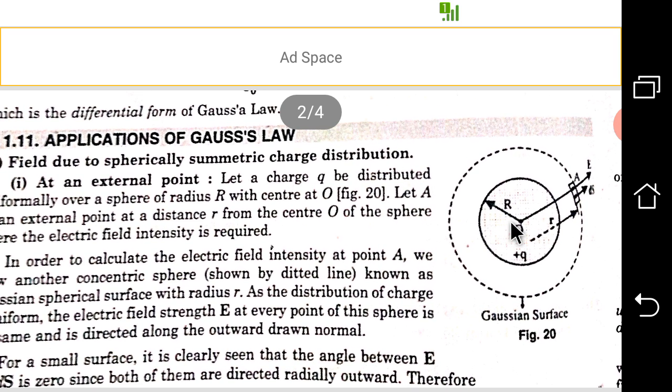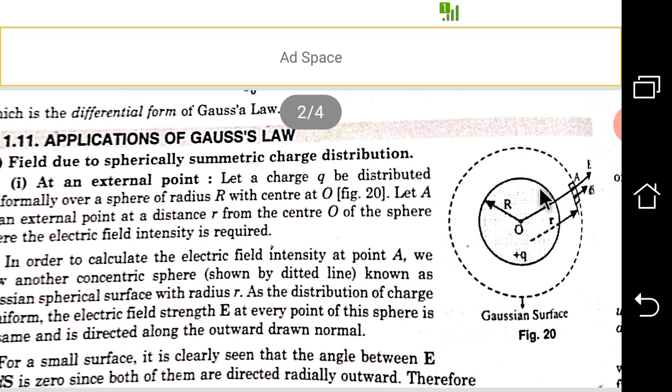Let a charge Q be distributed uniformly over a sphere of radius R with center at O.